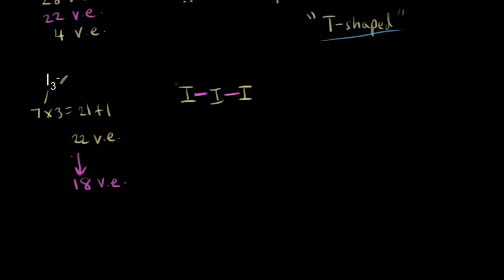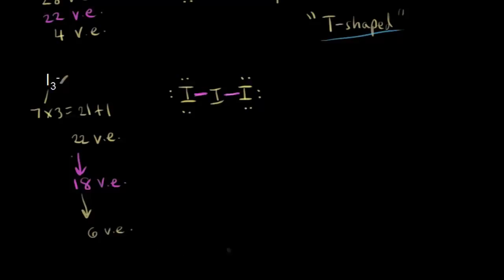We think about our terminal atoms as following the octet rule here. And so we're going to put 6 more electrons on each iodine to give each iodine an octet. I just represented 12 more valence electrons. So 18 minus 12 gives us 6 valence electrons left over.